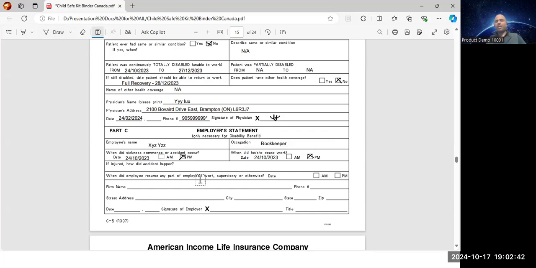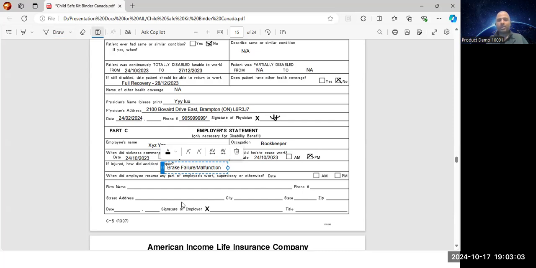If injured, how did the accident happen? Let's say this was a brake failure malfunction. Now, the employer might not be aware of this accident because this is an auto accident, unless it was relevant to a company vehicle.